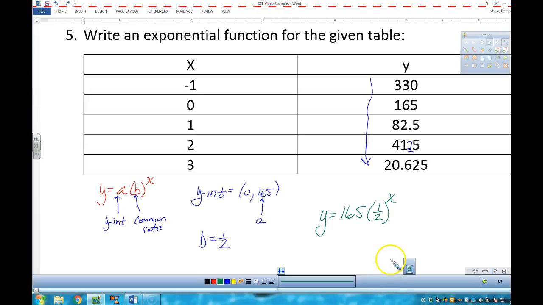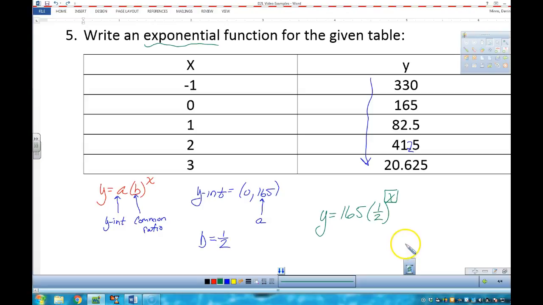The major difference between the exponential function and the geometric series is that the exponential function is just x, whereas with the geometric series, it's x minus 1, or n minus 1. Think about the exponential. There's an x in exponential, so it's just to the x power. The geometric is to the n minus 1. So that's the major difference.